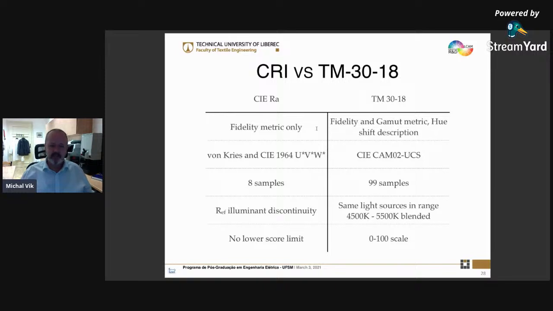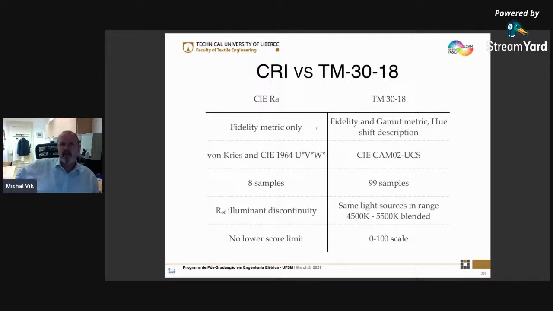Another problem is discontinuity. I said light sources with a correlated color temperature above 5000 kelvins we compare with daylight models, Illuminant D from the CIE system. Below 5000 kelvins, we use the Planckian radiator.